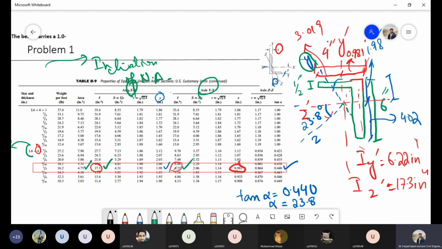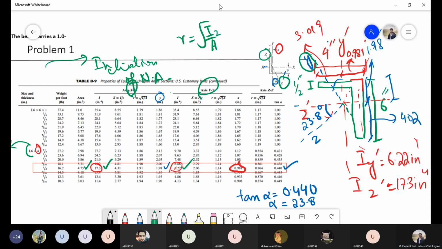Anyway, coming back to this one, we have been provided with this radius of gyration, that is r is equal to the square root of I over A, for my vertical axis. For example, for this z axis. In my case, I have taken this axis as Iy, so Iy is equal to Iz with respect to the section table.